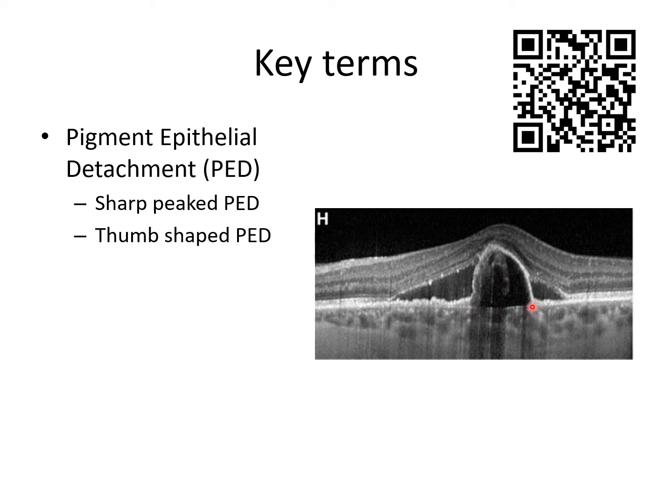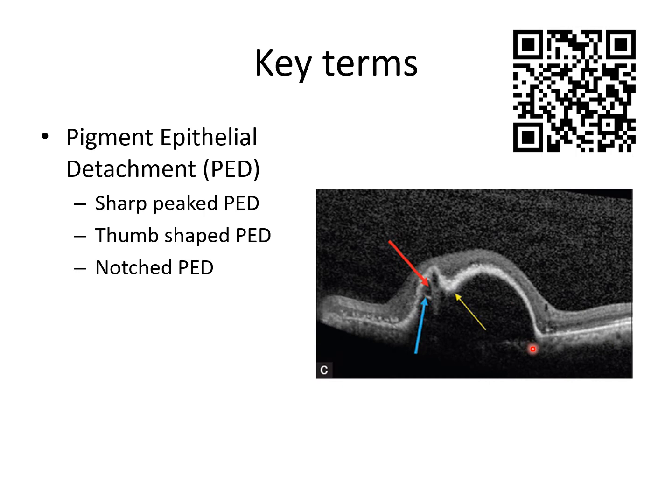Here we can see the double layer sign where we have the choroid, Bruch's membrane, anterior part, and a pigment epithelial detachment which is thumb shaped or a tall pigment epithelial detachment with some hyperreflective material inside.